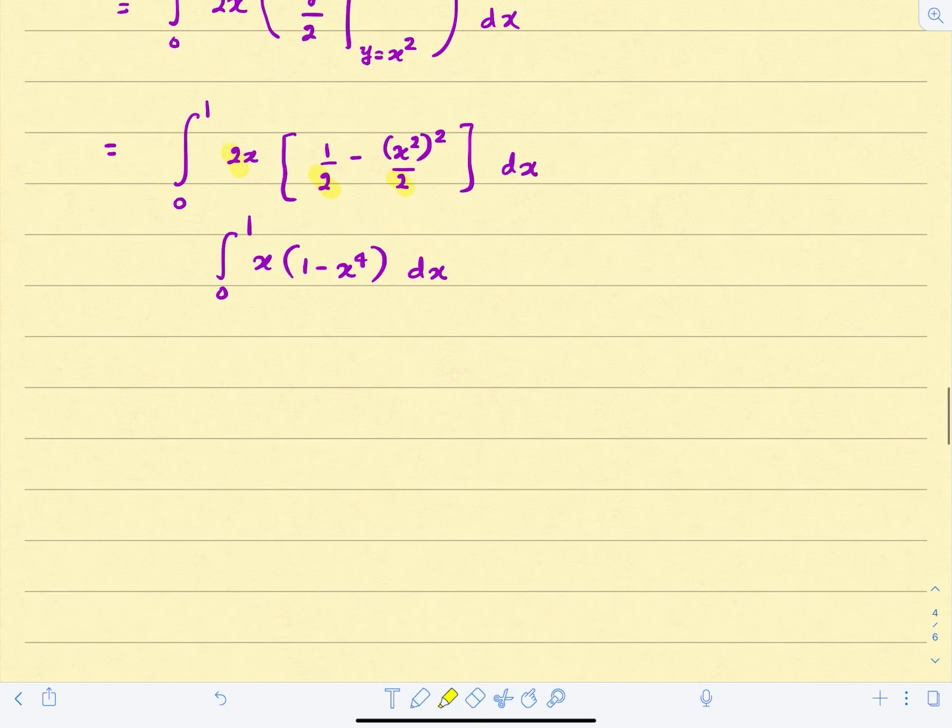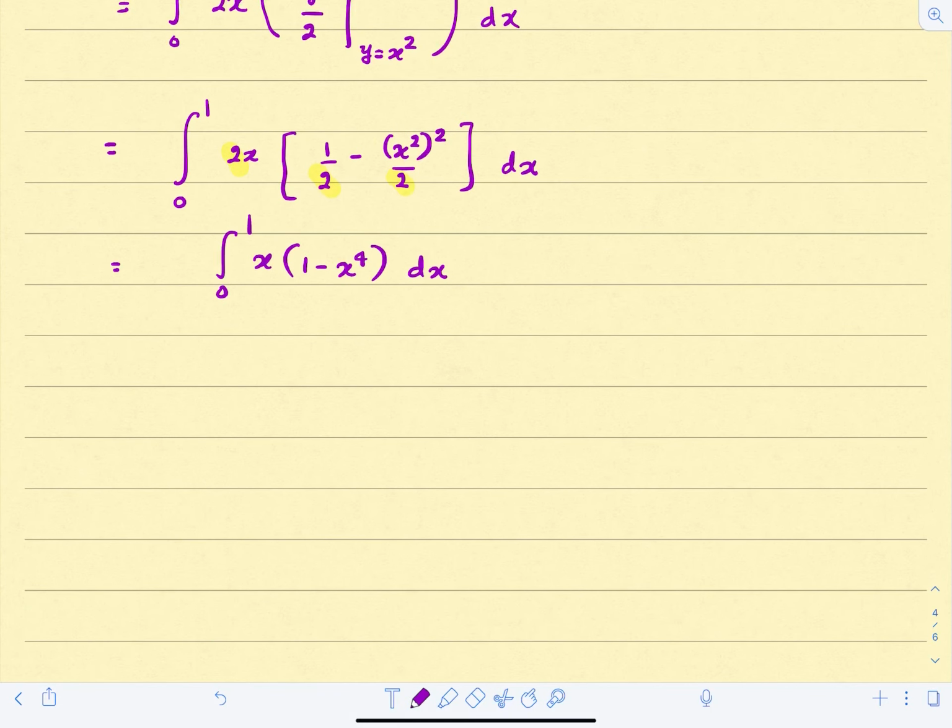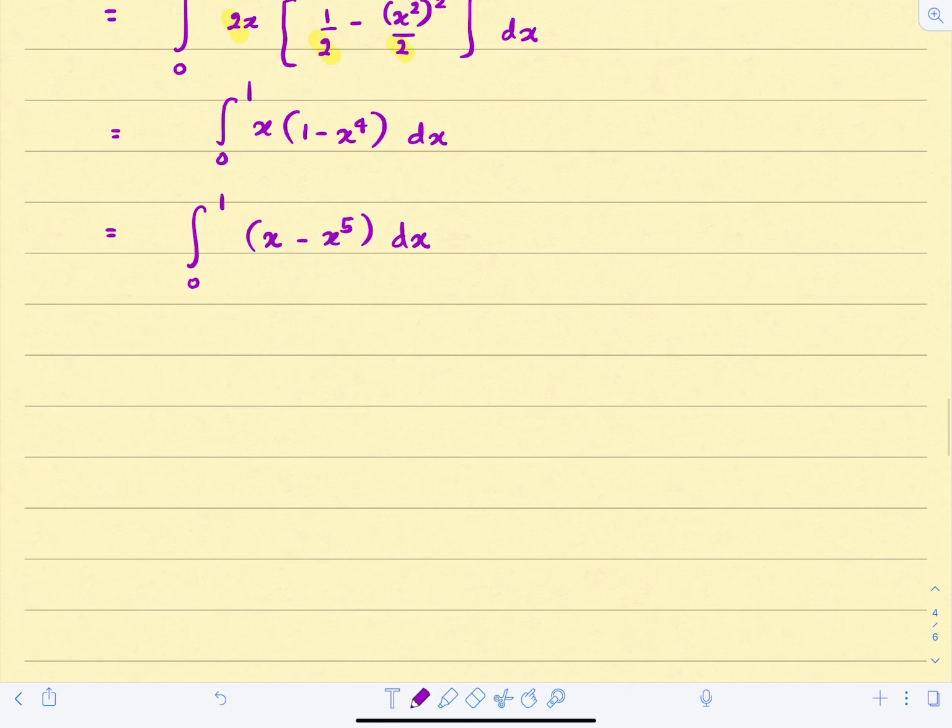Now let's distribute this x. You have x minus x to the power 5. Now we have an integral of a difference, which equals the difference of the integrals. If you integrate x, you will get x squared over 2, minus the integral of x to the power 5, which is x to the power 6 over 6. Apply the upper limit first.